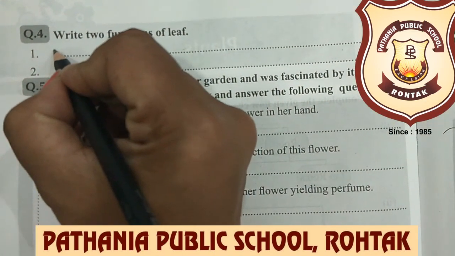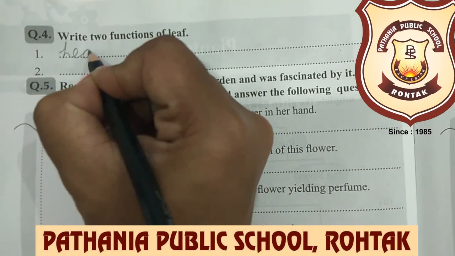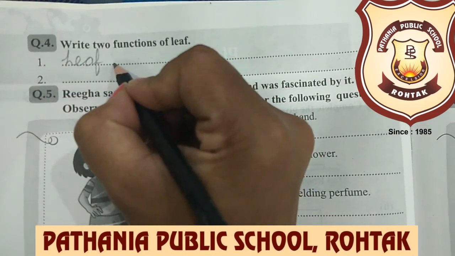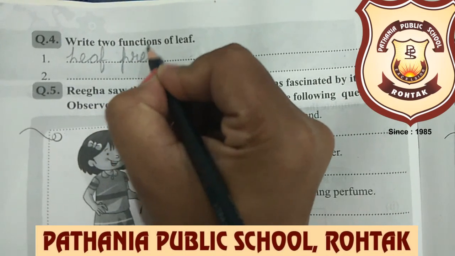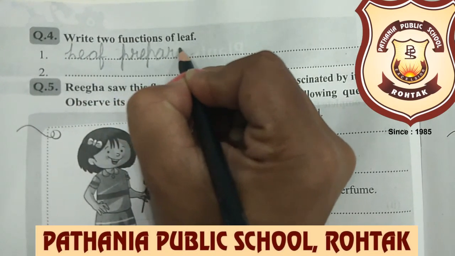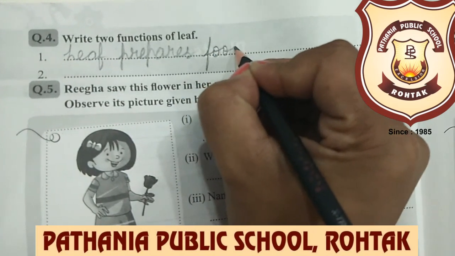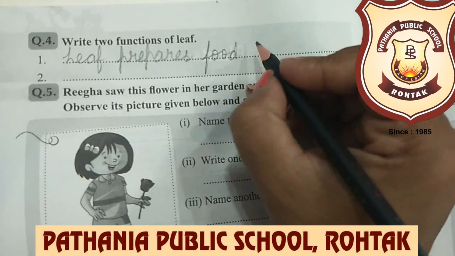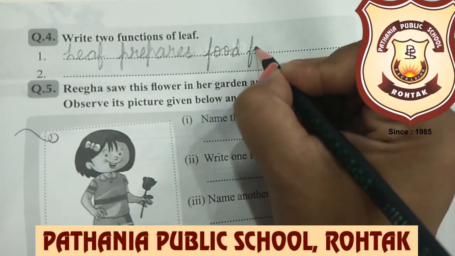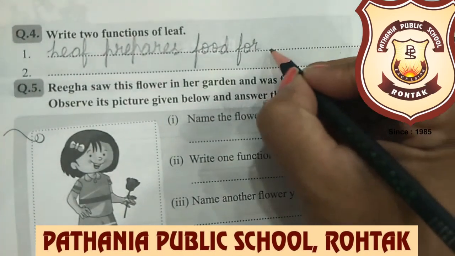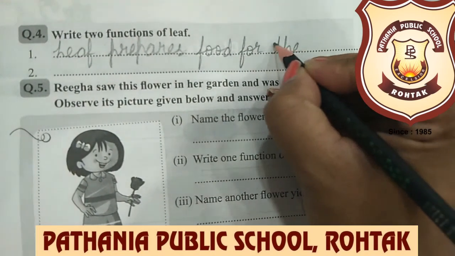So first of all we will write here: leaf prepares food for the plant.